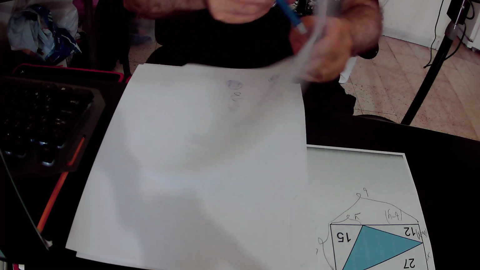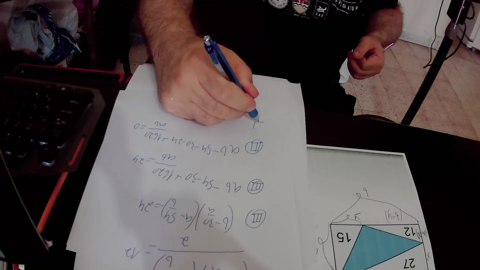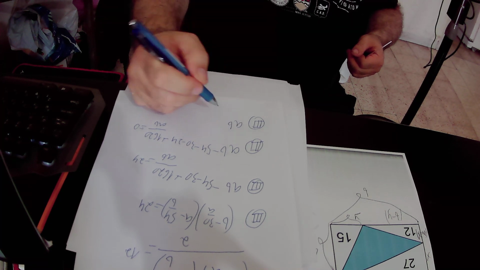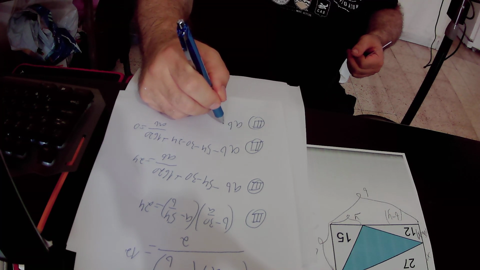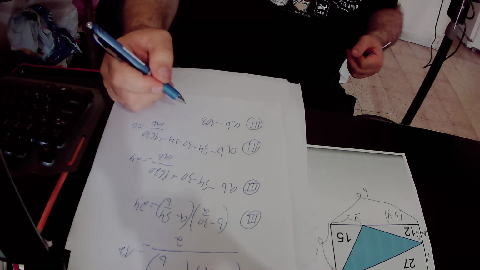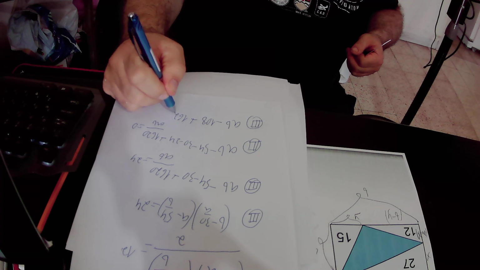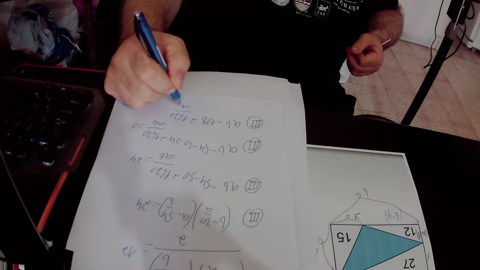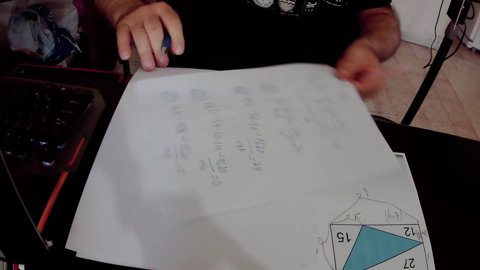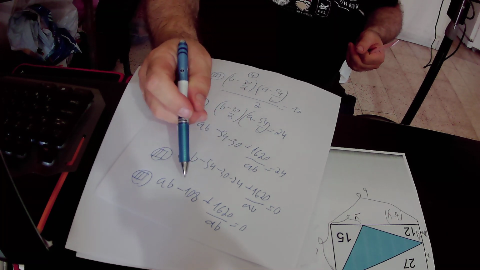So we will write it down: ab minus 108 plus 1620 over ab equals 0. Okay, so minus 54 minus 30 minus 24 is minus 108.